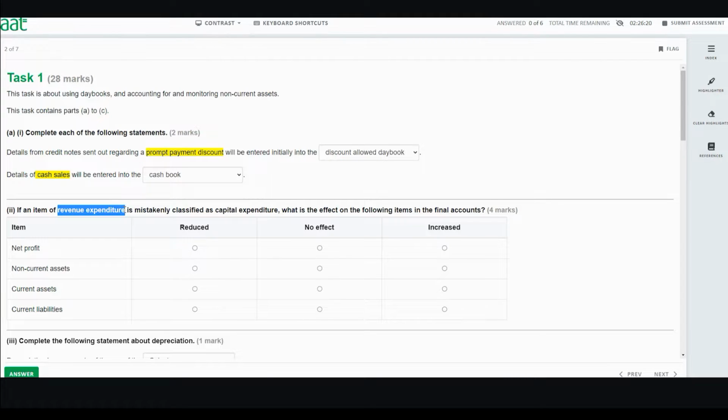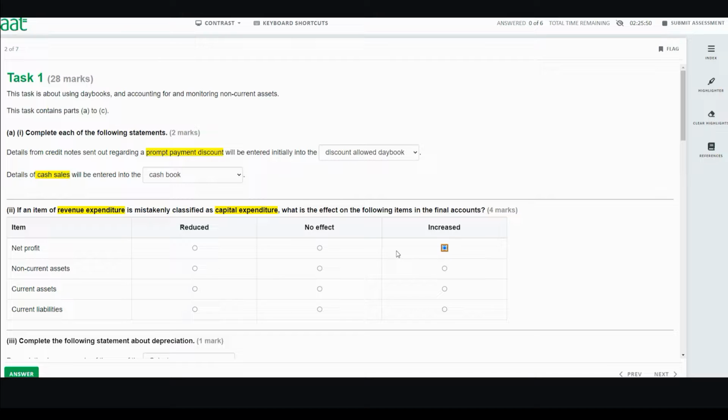Okay, so if the revenue expenditure has been entered as capital expenditure, well, your revenue expenditure affects your profit and loss account. Capital expenditure affects your statement of financial position. So if we were meant to put it in the profit and loss and it's gone into the statement of financial position, then what's going to happen is the net profit is going to be increased, because we've not put enough expenditure through.